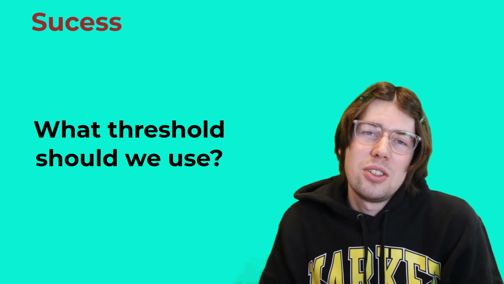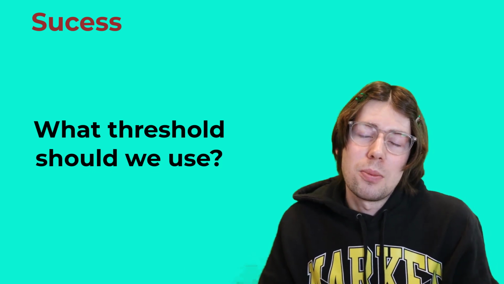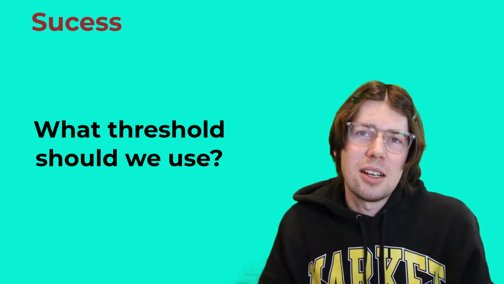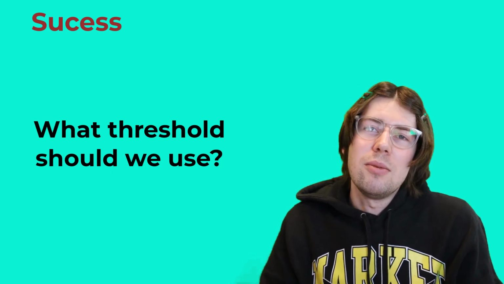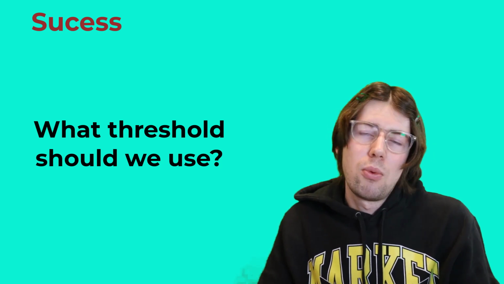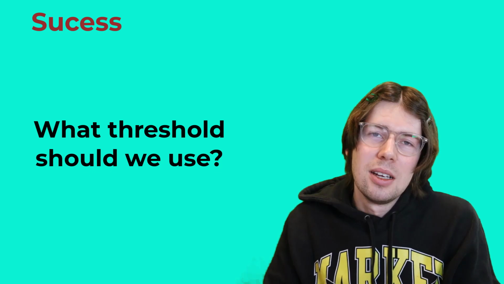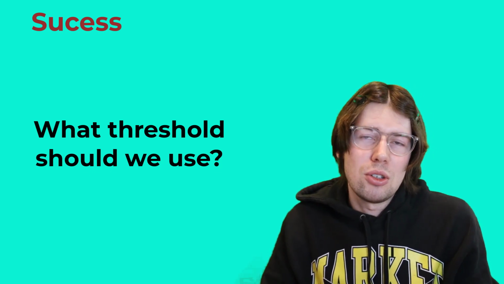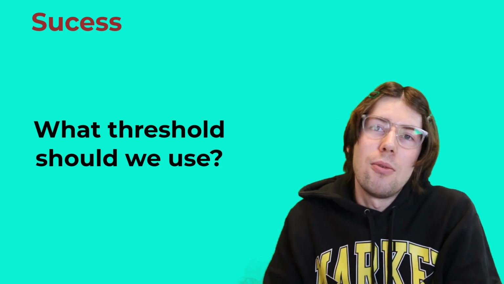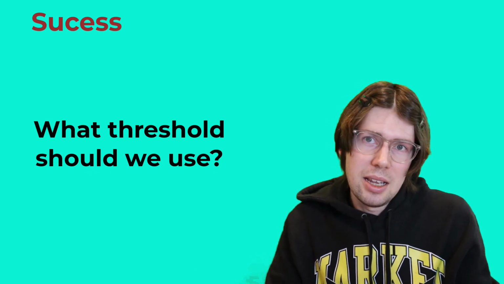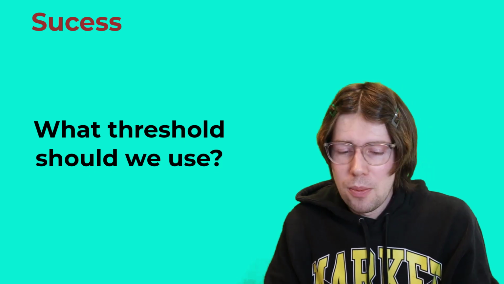Are we really going to consider this project a failure if it has £1 of cost overrun? That seems unnecessarily harsh. So maybe we should allow some amount of cost overrun before we consider it to be a failure in terms of cost overrun. But how much cost overrun should we allow for? 5%, 10%, 25%? It is an open question in the literature.